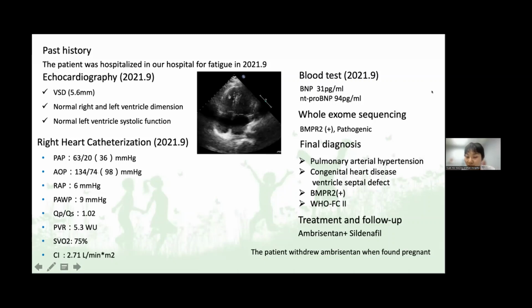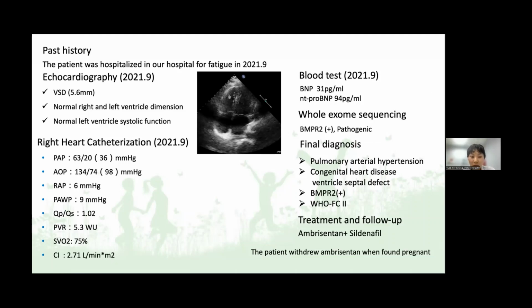And the blood test showed the patient had normal cardiac function with normal levels of BNP and NT-proBNP. So we then performed right heart catheterization on the patient and found the pulmonary artery pressure was elevated, with a mean pulmonary artery pressure of 36 millimeters of mercury.